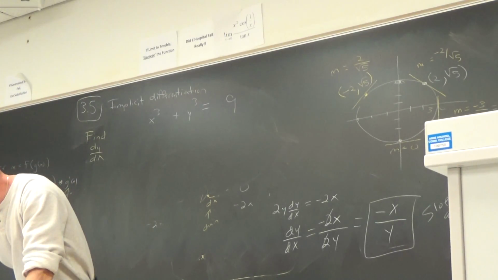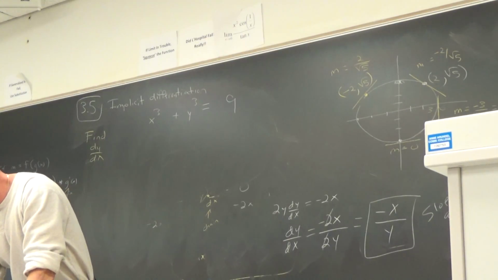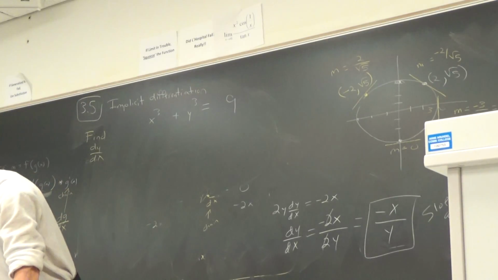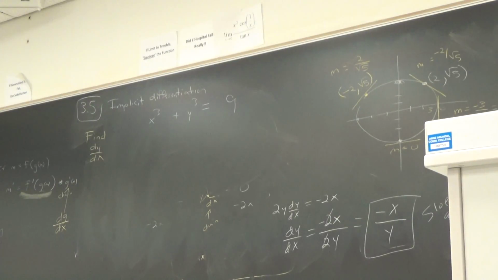This is in section 3.5. Give it a shot. Remember, just differentiate everything with respect to x. But when you're differentiating that y, just write dy/dx next to it. Okay?